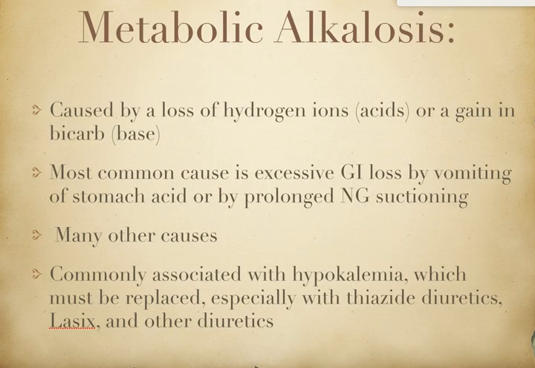Then we've got metabolic alkalosis, caused by a loss of hydrogen ions or a gain in bicarb. Most common cause is excess GI loss by vomiting or prolonged NG suctioning, but there are many other causes. They can include things like Cushing's, kidney disease, multiple blood transfusions, glucocorticoid steroids, or even antacids.